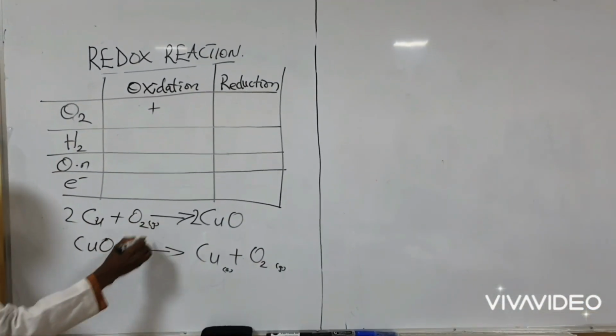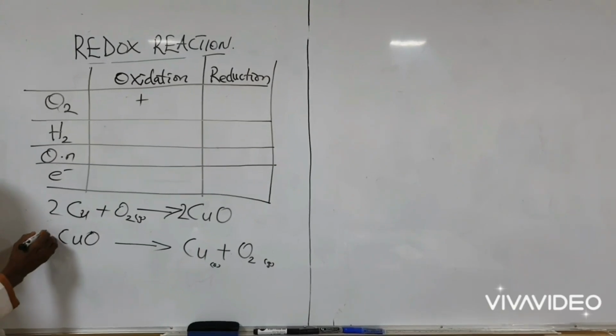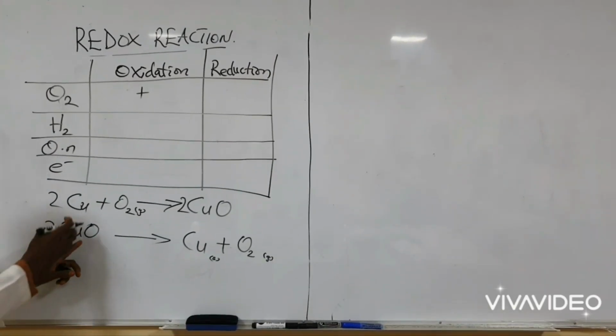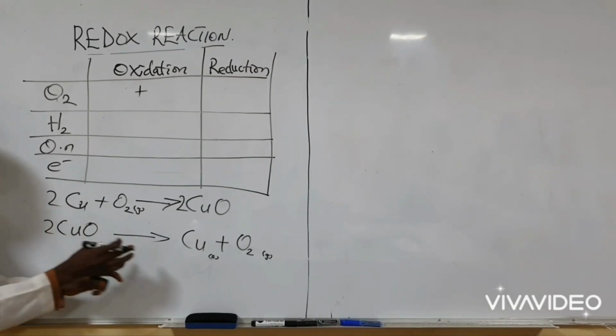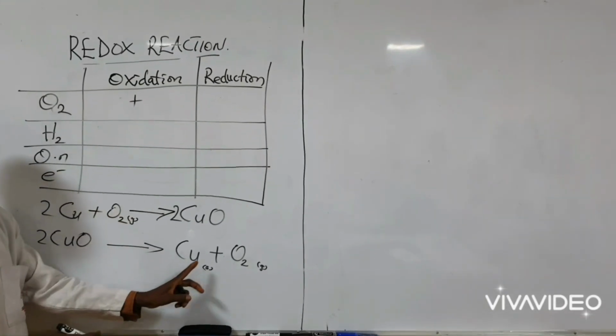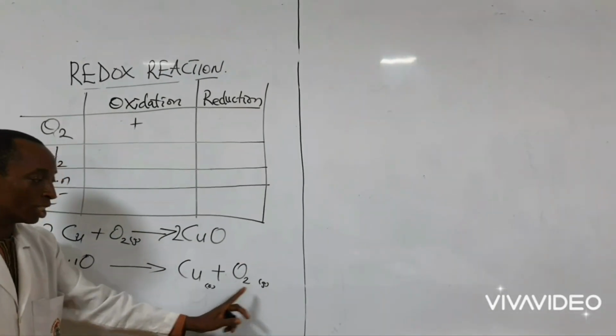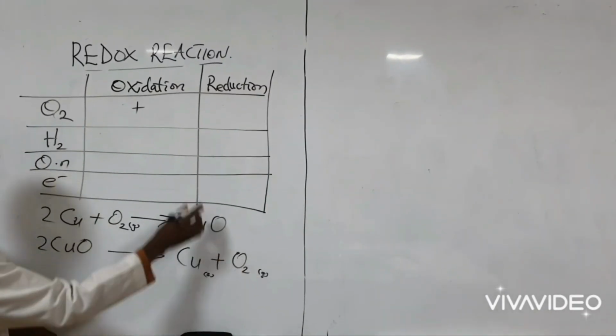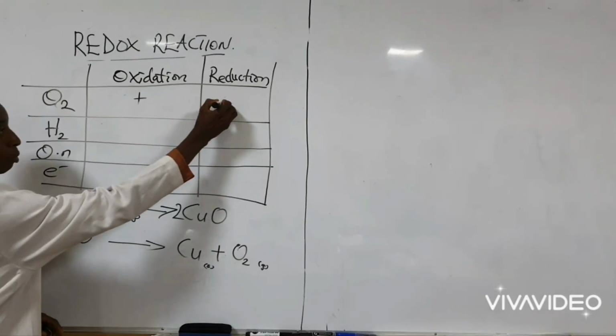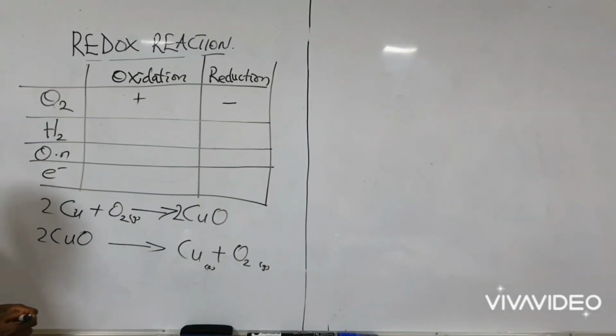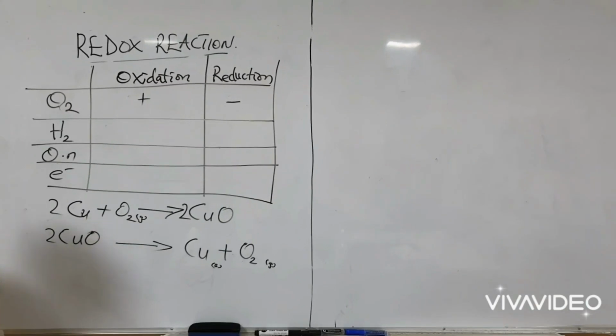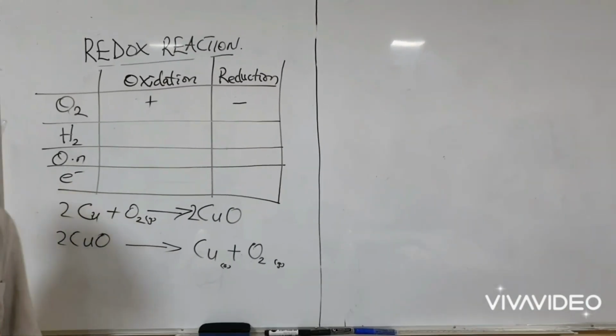Now, removing oxygen from copper(II) oxide to give you copper and oxygen is what you call reduction. Therefore, removal of oxygen from a substance is called reduction.